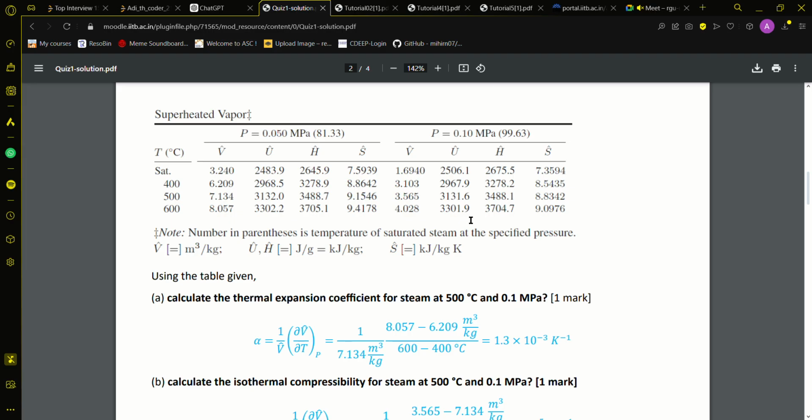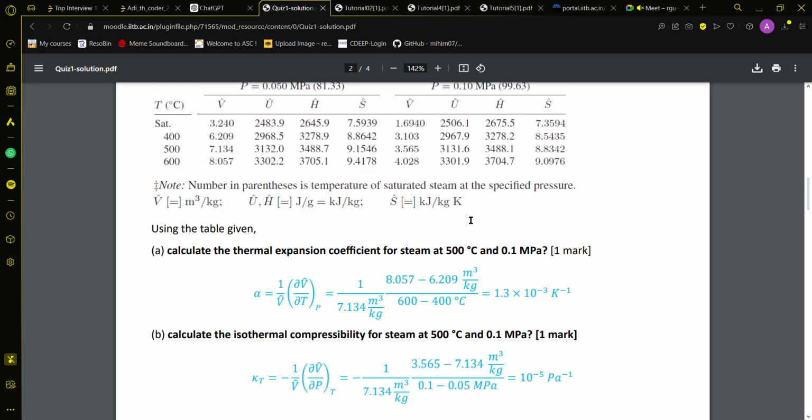So that would basically be equal to 1 by 7.134, and that's this value here, and then we can do V2 minus V1, that would be 8.057 minus 6.209 by 600 minus 400 degrees Celsius. So this would give us a value of the thermal expansion coefficient as 1.3 into 10 power minus 3 Kelvin inverse.